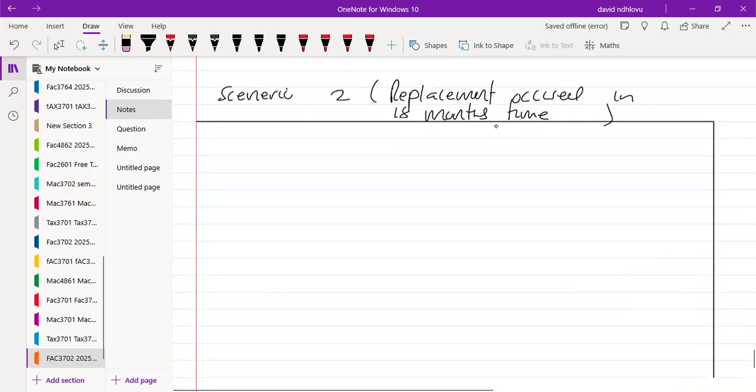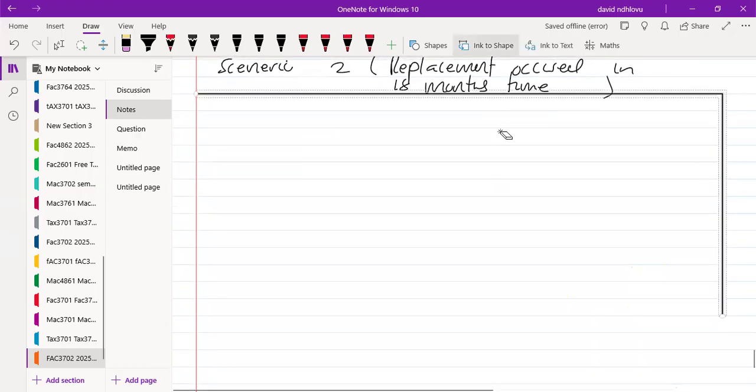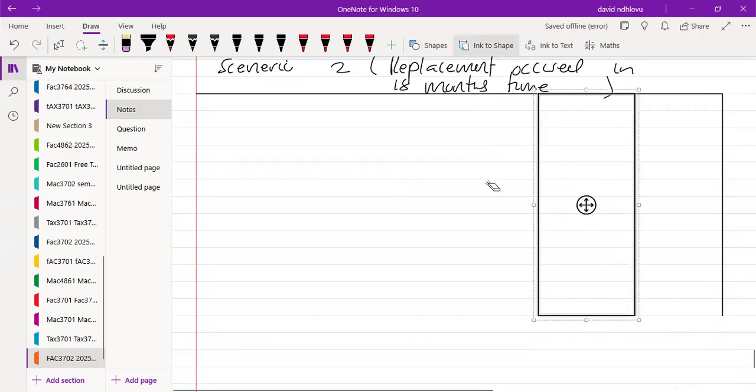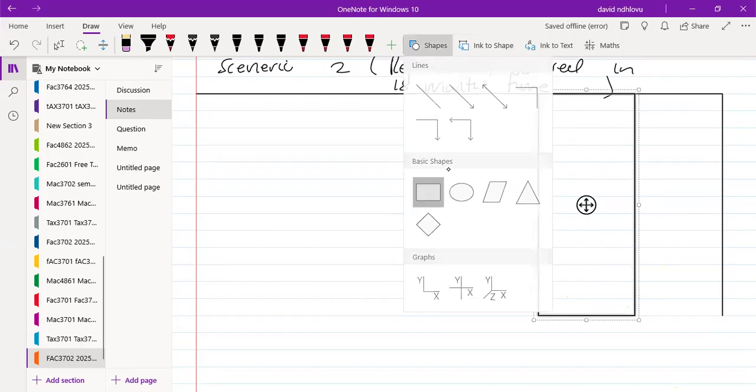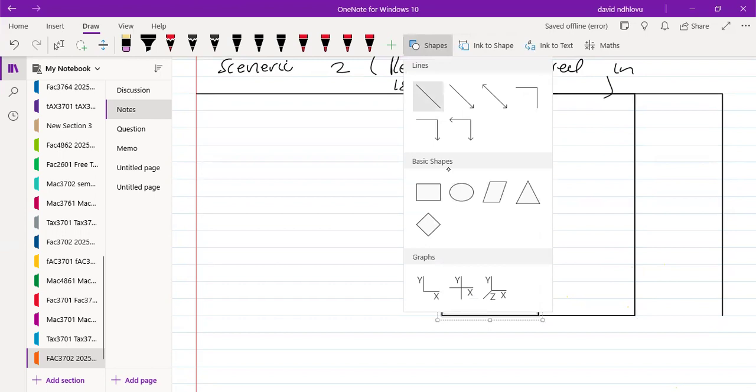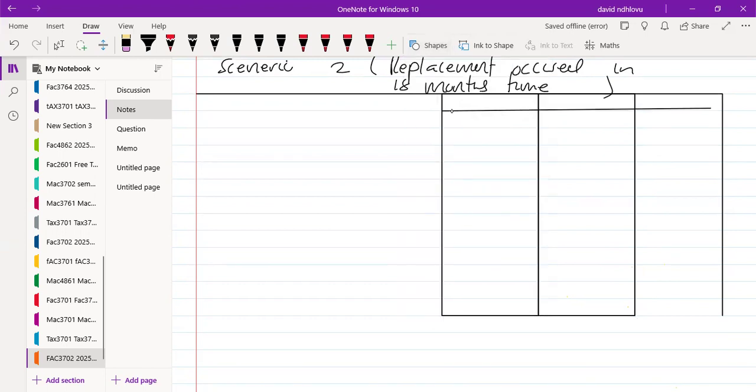So we still have our 3 columns. Right, so we have the machine, we have the component, we have the total.